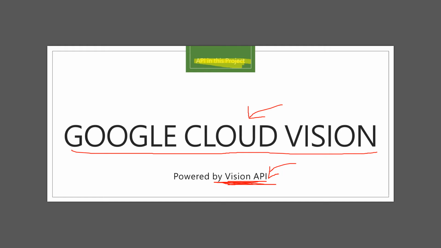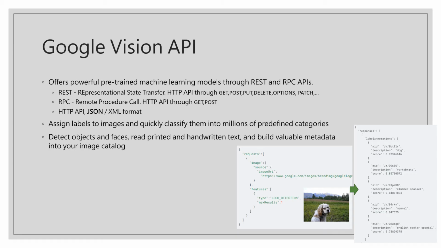But you need money, you need to pay Google. So Google Vision API, it's an API, application programming interface. So that means that you can call the library. Okay, so you can download the library, and you can also call the Google service.